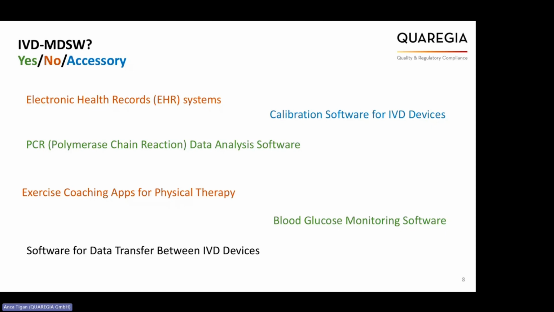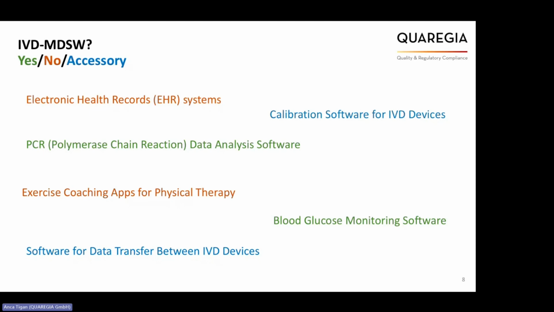So if they would have a medical purpose, they would perform an action on data that is different from storage or simple search, and they would be for the benefit of individual patients. Whereas finally, a software for data transfer between IVD devices would be considered an accessory because it does not have a medical purpose on itself, but it supports the functionality of the medical device software.